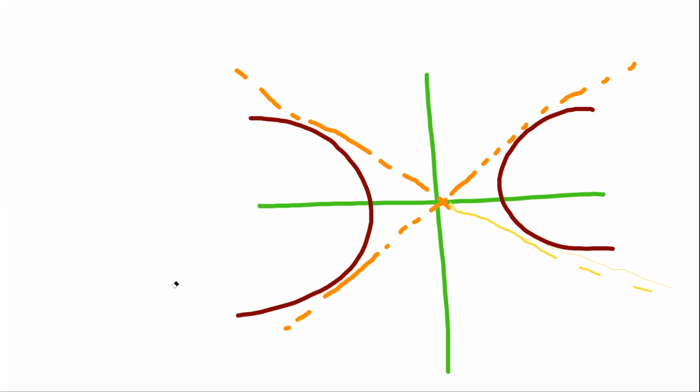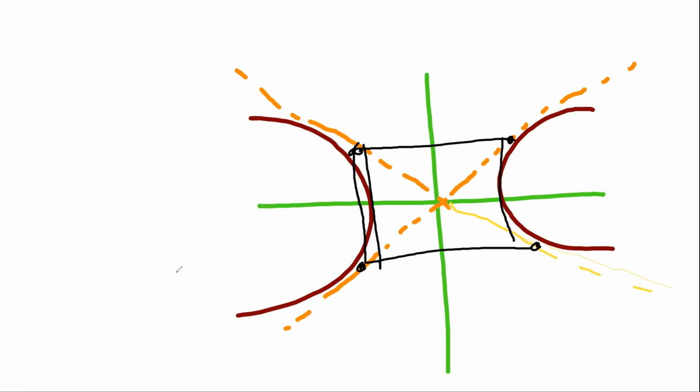Then after that, I want to know where the value of b is. You have to go from this point to this point, the points where the curve comes close to the asymptotes, and connect between them without cutting the curve.